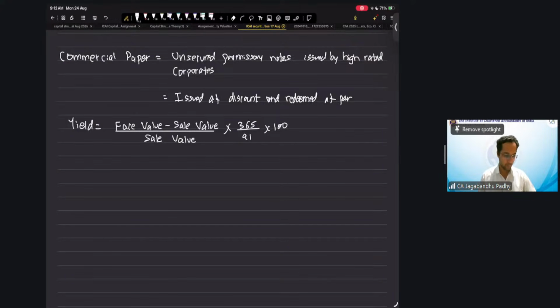So if you are issuing it at a certain sale value, we need to compare it with the face value and then calculate the yield.